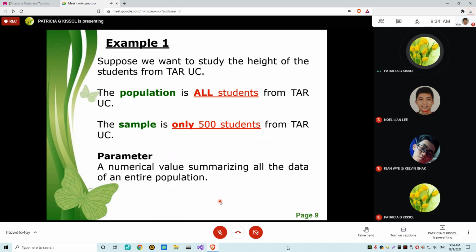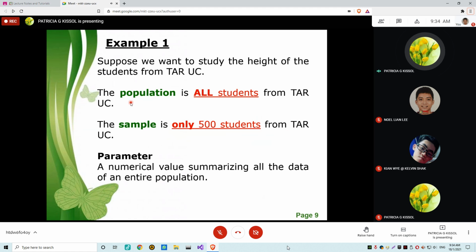The first example is about, say, we want to study the height of the students from TAR UC. The population is all students from TAR UC, and our sample will only be 500 students from TAR UC.